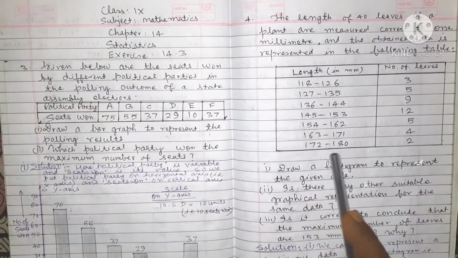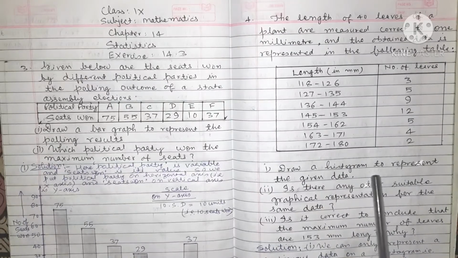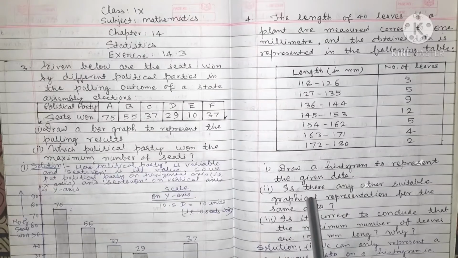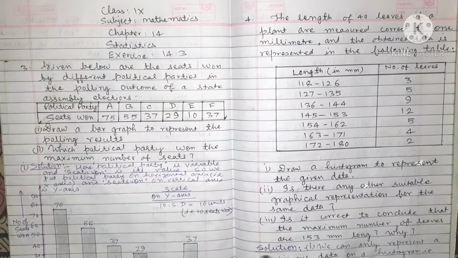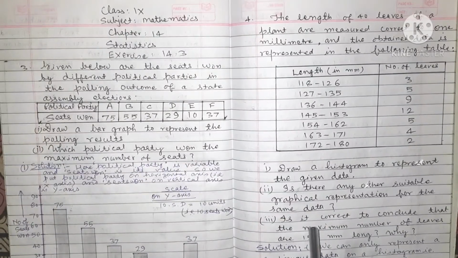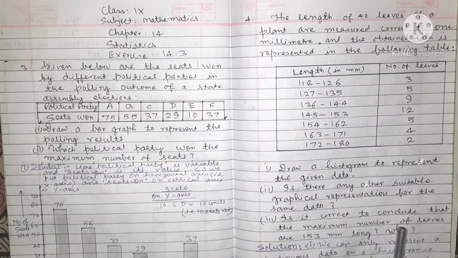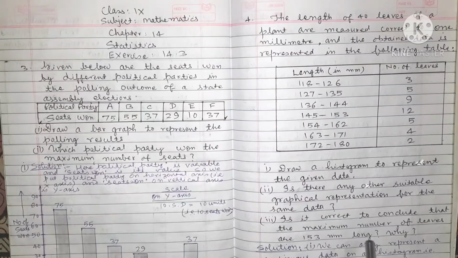And 172 to 180, 2 leaves. Question 1: draw a histogram to represent the given data. Question 2: is there any other suitable graphical representation for the same data? Question 3: is it correct to conclude that the maximum number of leaves are 153 millimeter long? Why?